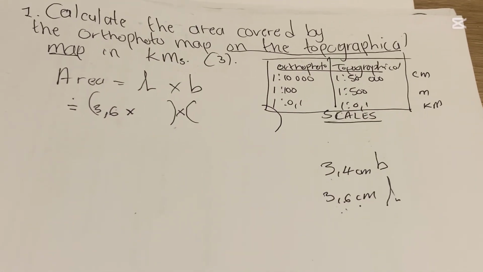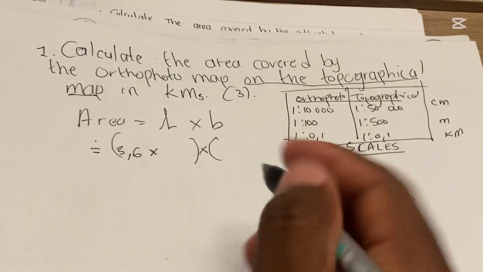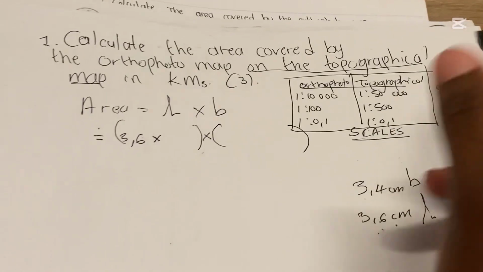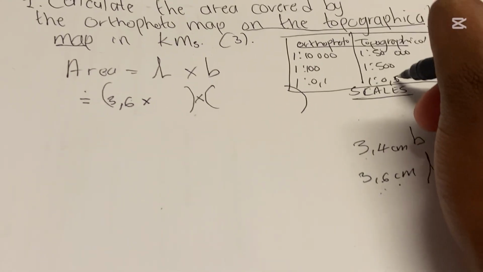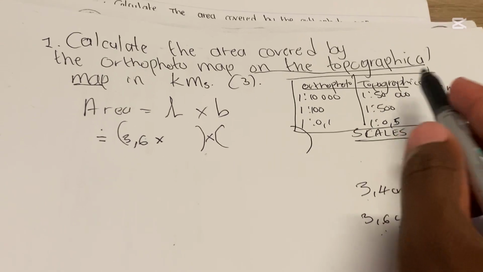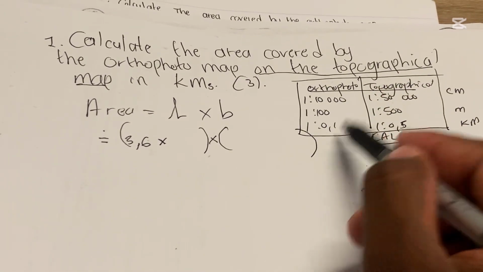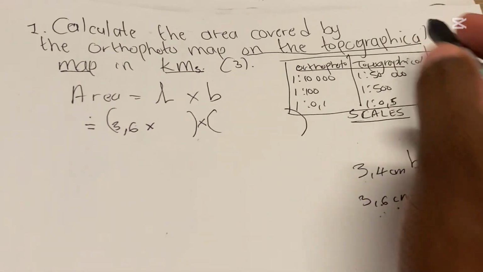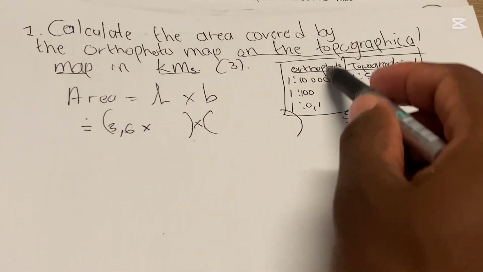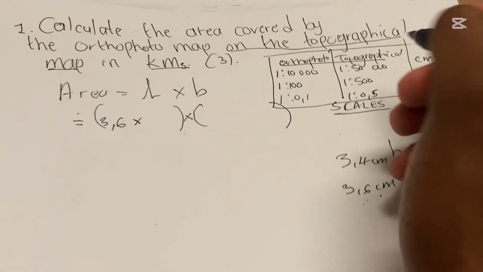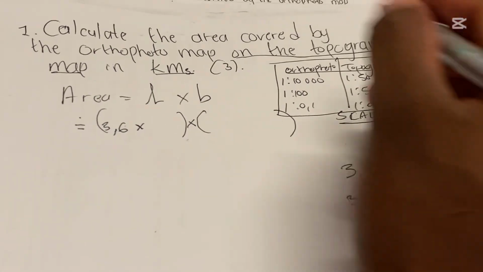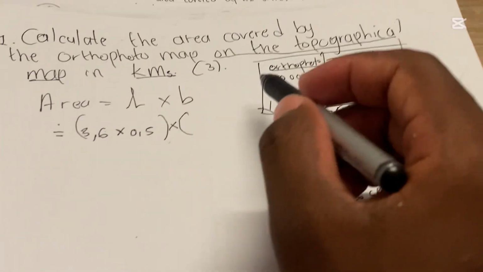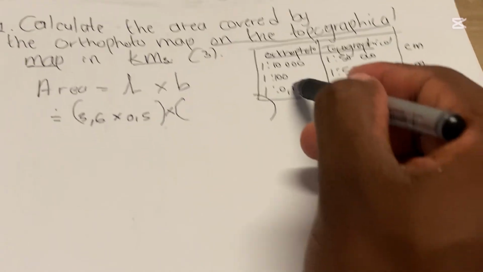Our scale for kilometers is 1:0,5 for a topographical map, and for the orthophoto map is 1:0,1. So since I'm working in kilometers on the topographical map, I have to look at this side of my scale. I must multiply by 0,5. But if I was working on the orthophoto map, I would multiply by 0,1.